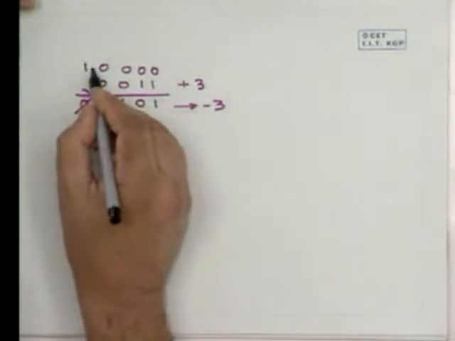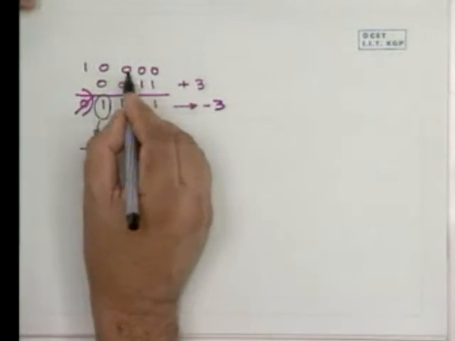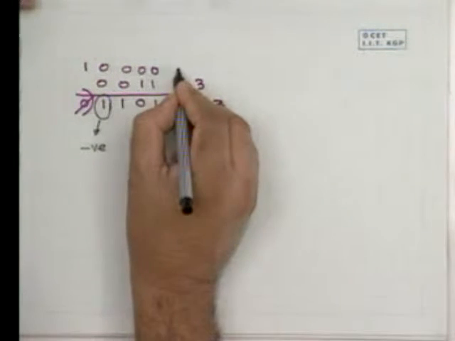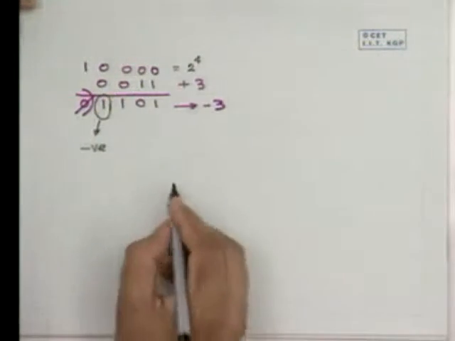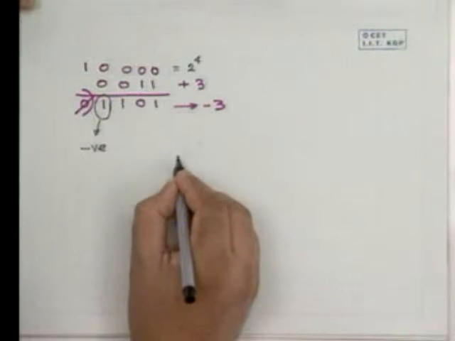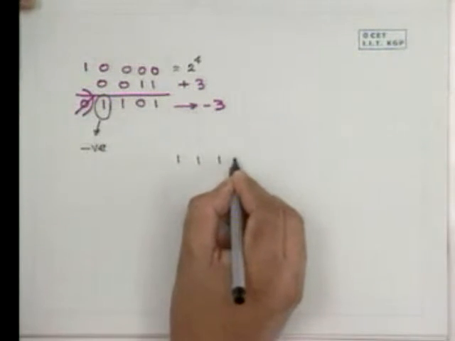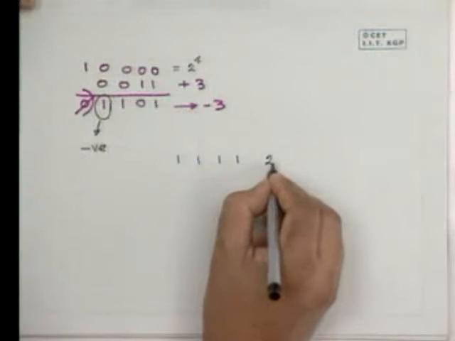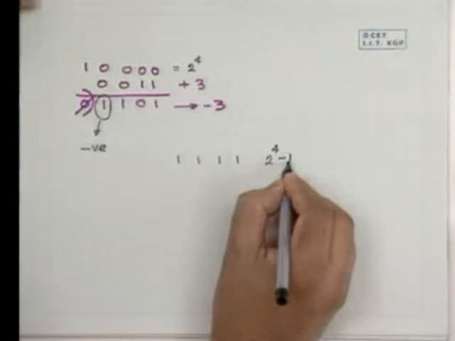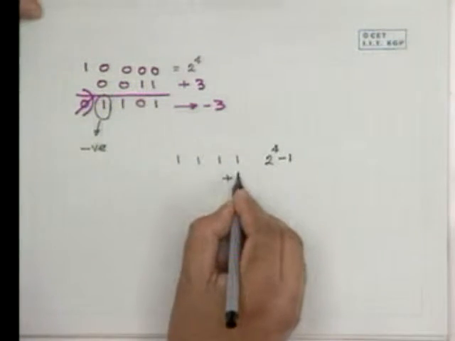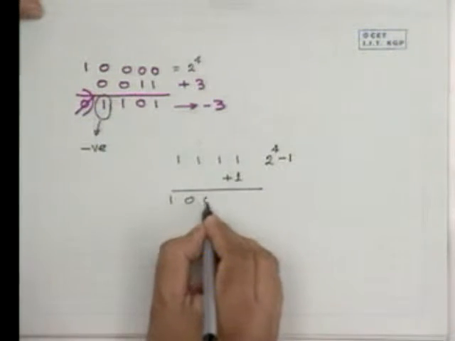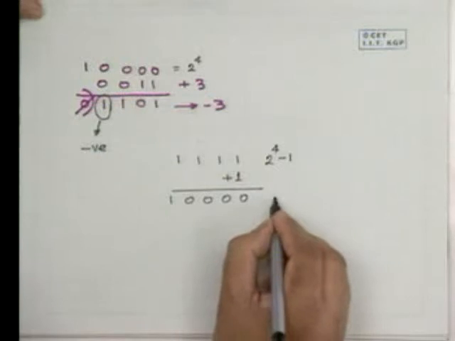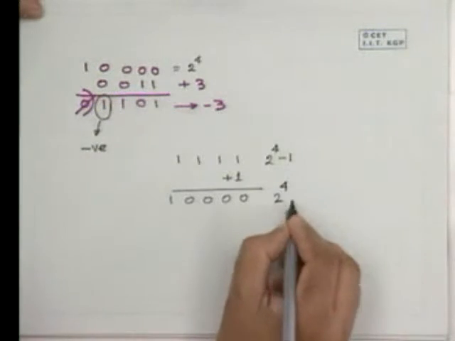Now, say this 1 followed by 4 zeros, which is equal to 2 to the power 4, can be represented as 1 1 1 1, which is 2 to the power 4 minus 1, and then if we add 1 to it, we get 1 0 0 0 0, which is our 2 to the power 4.